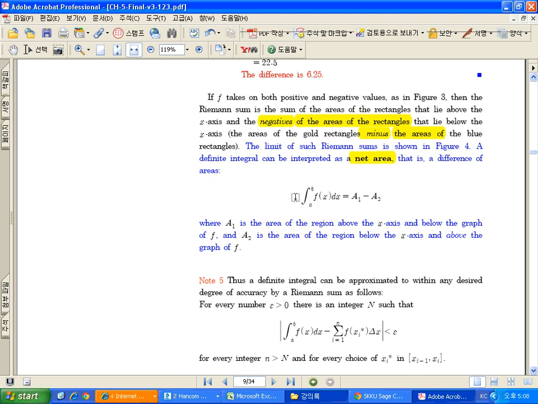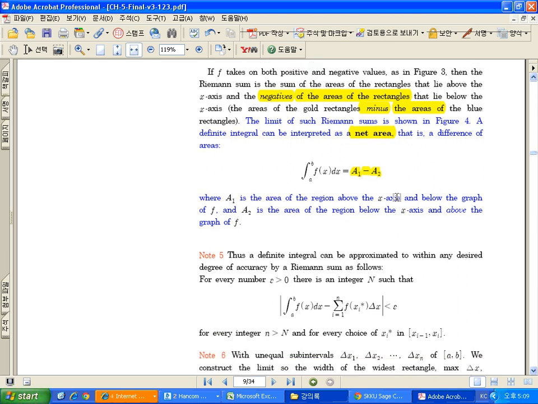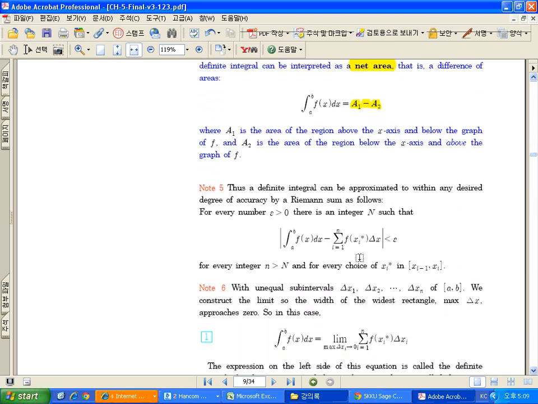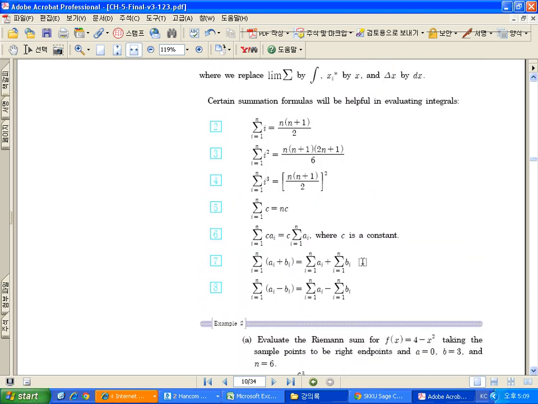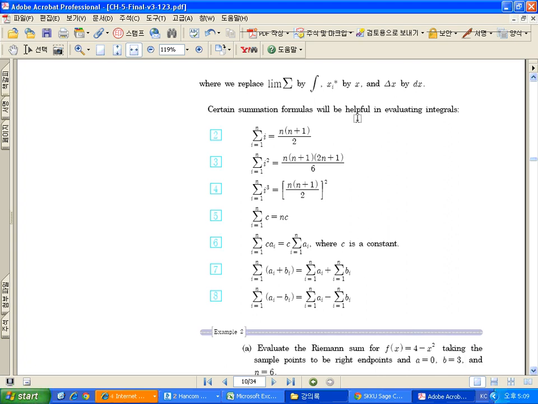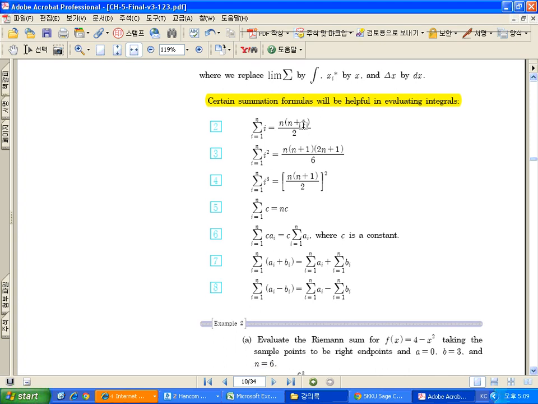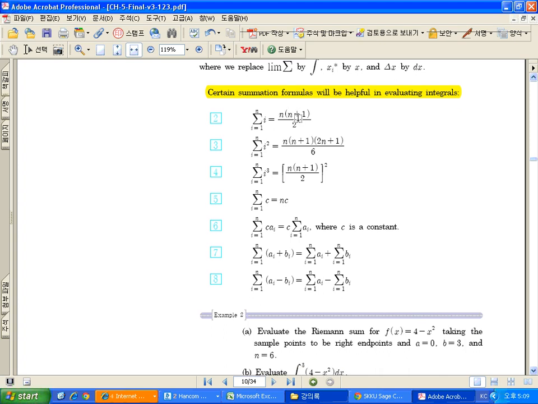So actually, this is the net area from the positive side, subtracting the negative side areas. We need to deal with the Riemann sum to find the approximation, so it will be helpful to recall the formulas on summation series.